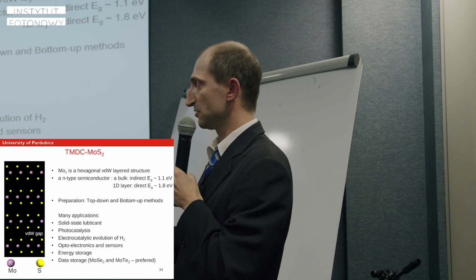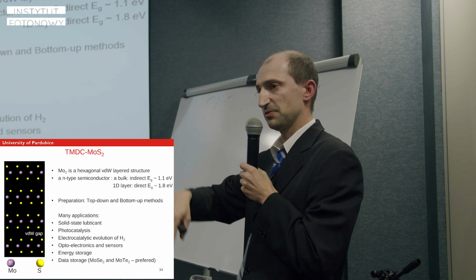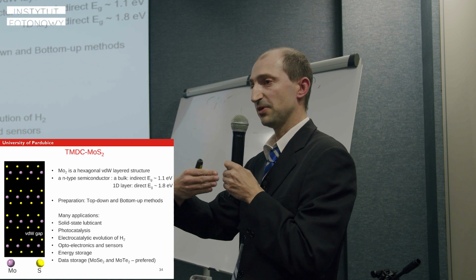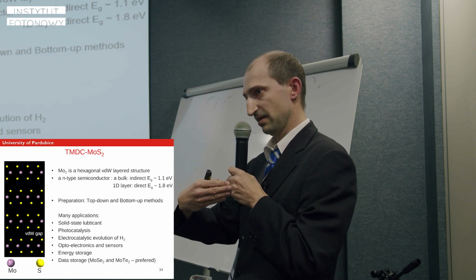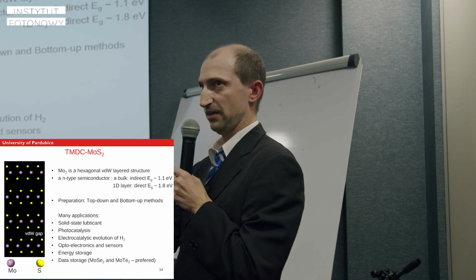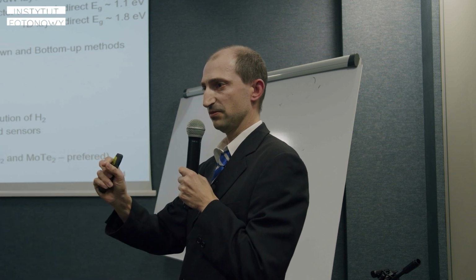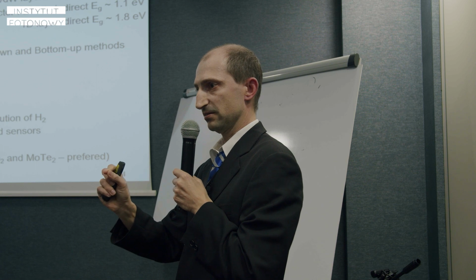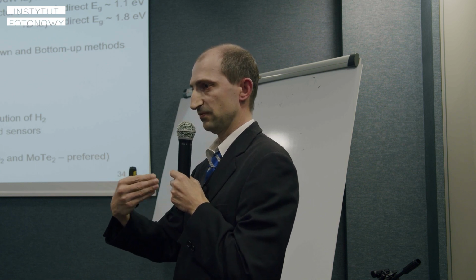You can also use it for radiotherapy, for example, to increase the temperature. If you put molybdenum disulfide into the body, you can shine on it with light at about 808 nanometers. I think it's a typical wavelength for medicine.